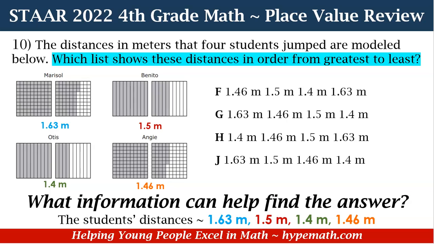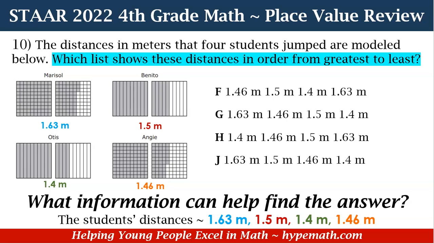There is not much of a difference when it comes to the fully shaded blocks, because even though Marisol and Angie have a hundreds block and Benito and Otis have a tens block, that first block that's color coded is fully shaded in, so they all represent one. Why is that? Because it's fully shaded.